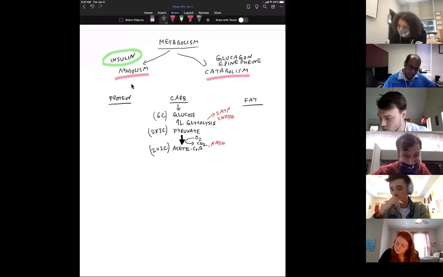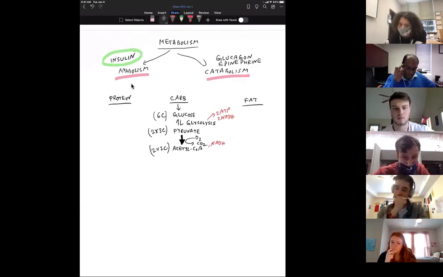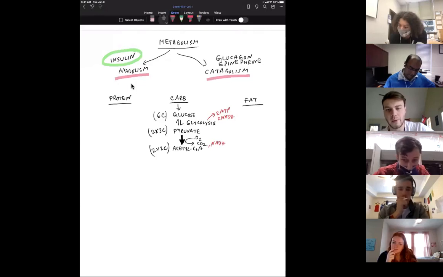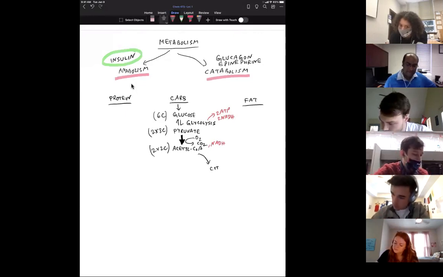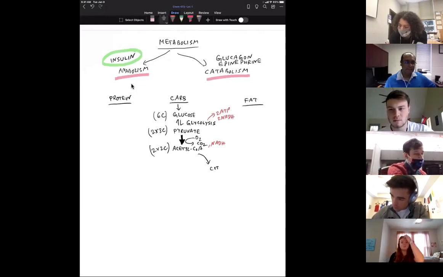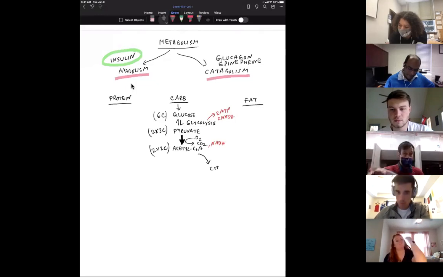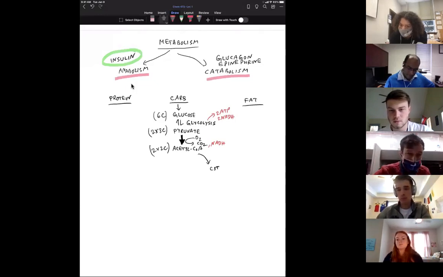And once we have the acetyl CoA, which is 2 carbon, the first thing that happens to it is that it will produce citrate. I'm just giving an overview; the citric acid cycle is one chapter on its own, and glycolysis is one chapter on its own. I just want to give the flavor of the overview.